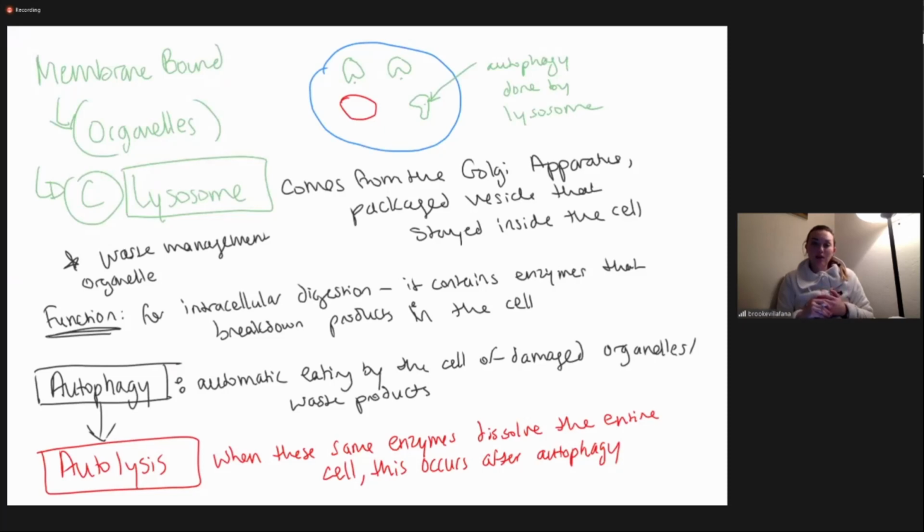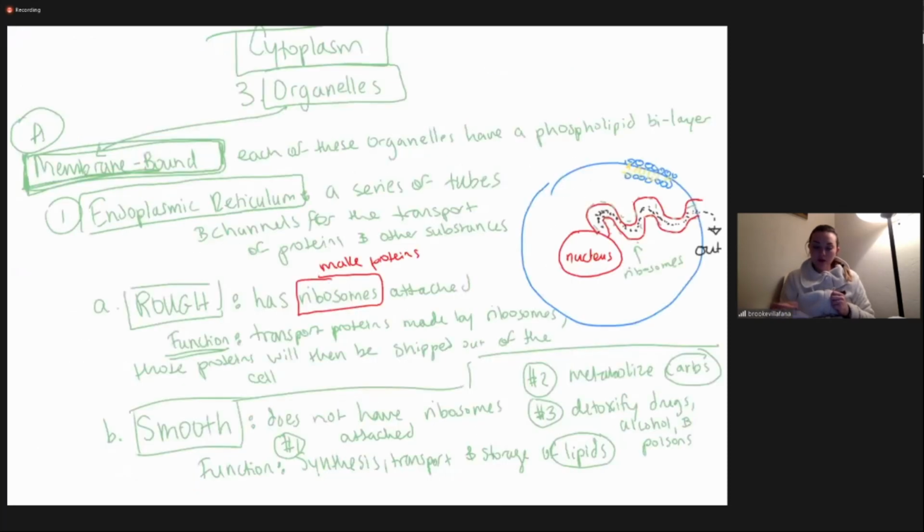Kind of like, I think they call it kamikaze, right? So it goes down with the fight. It kills itself. It self-destructs. That's called autolysis. Autolysis, it self-destructs. So that's the third membrane-bound organelle. Good. So we had first membrane-bound organelle, endoplasmic reticulum.